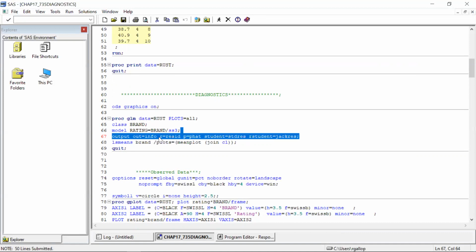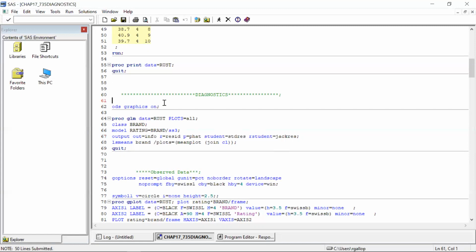The output statement just augments the rust data set to have additional columns: resid, which is the residual, observed minus predicted; p hat, the predicted value; std res for the standardized residual, which is the residual on a standard Z scale; and jack res for the jackknife residual, which is what rstudent gives us. So we got this all out.